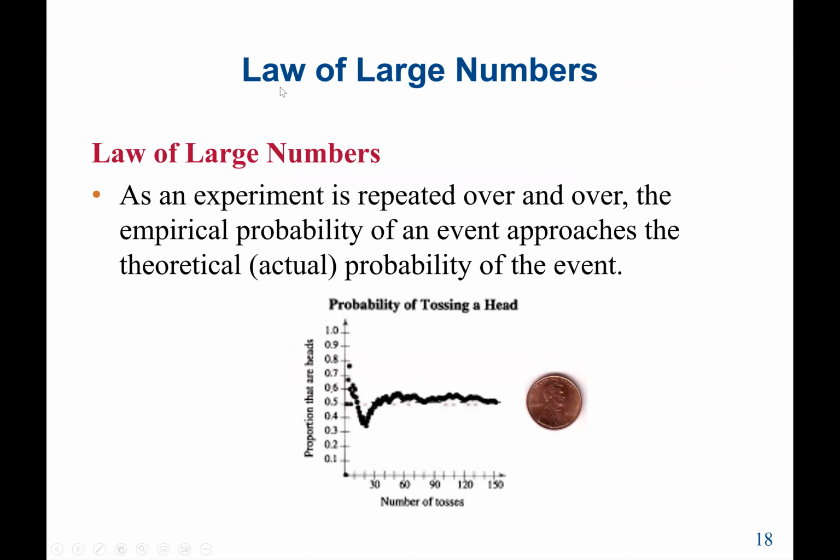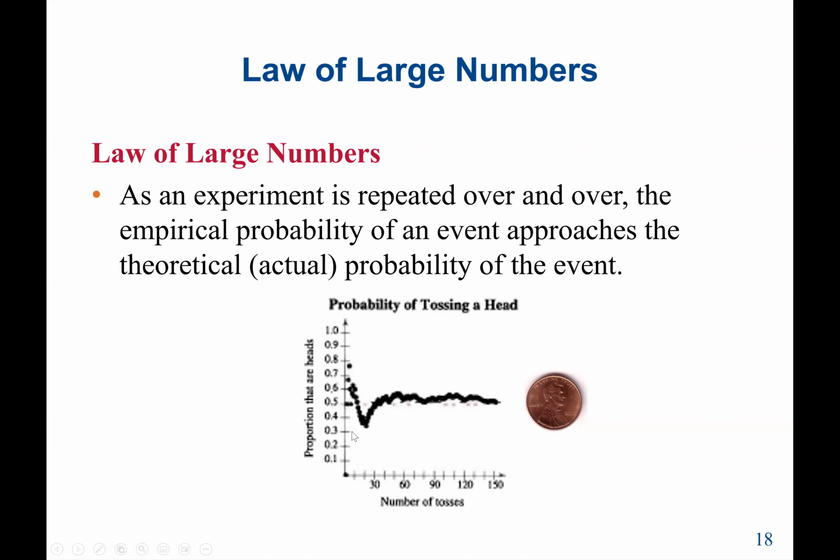Next, we talk about the law of large numbers. Now, the law of large numbers states that when an experiment is repeated over and over, the empirical probability of an event approaches the theoretical, which is the actual probability of the event. So for example, let's say we have an experiment we are doing.